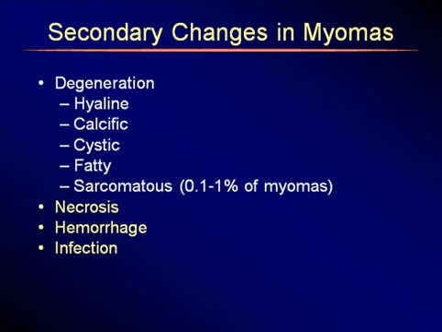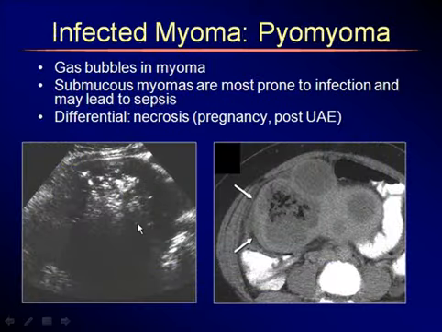Now, more of these changes. We talked about these up here ending with sarcomatous degeneration. Now let's talk about necrosis, hemorrhage, infection. A fibroid can become superinfected. In that case, it's called a pyomyoma. Of course the patient will have a fever and there will be tenderness, but you may see bright reflectors that shadow that look like gas, and gas is gas.